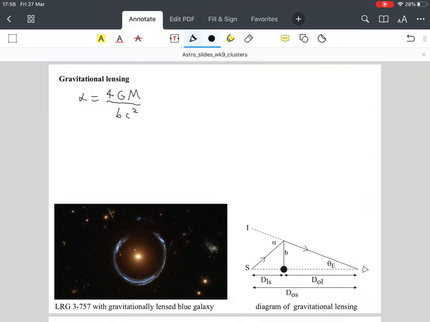So you can also, adding up those, you get the total distance, which is D_OS.